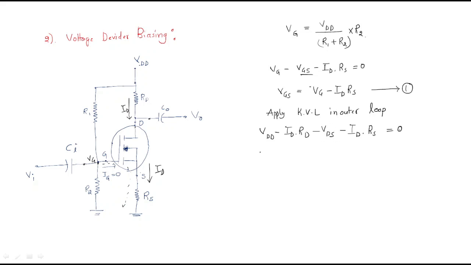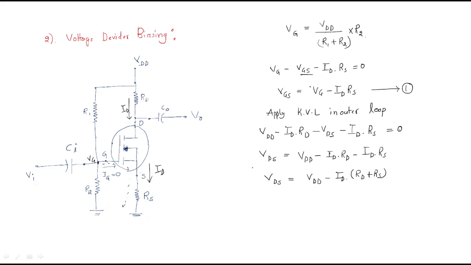From this I need to find the drop across VDS, which equals VDD minus IDRD minus IDRS. Taking ID common, VDS equals VDD minus ID times (RD plus RS).